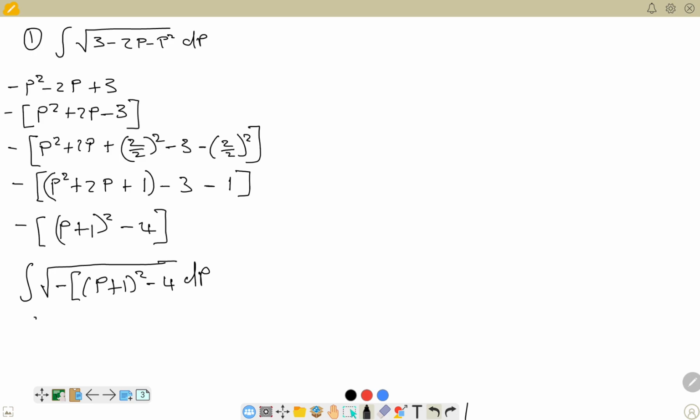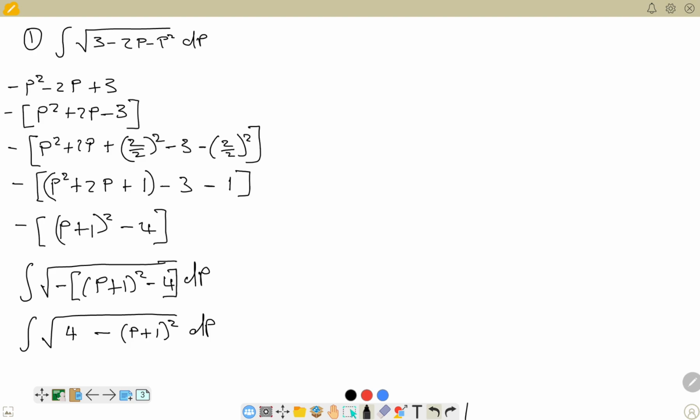But before we do that, it is better to distribute that negative inside the bracket. If we do that, we will have 4 minus p plus 1, all squared, dp.